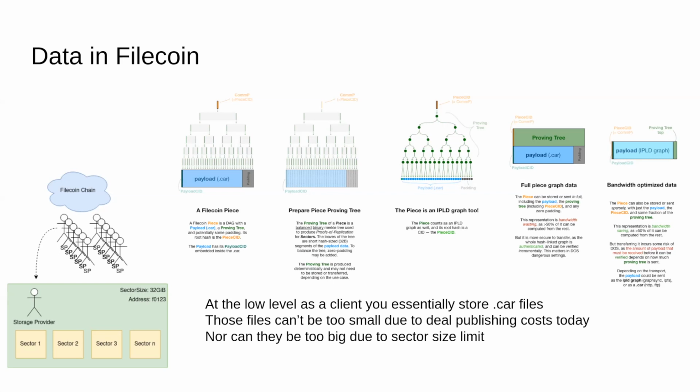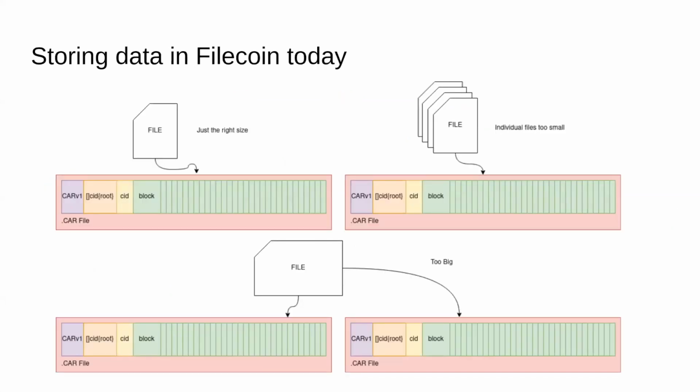So you probably have to make your deals at least 4 gigabytes in size for them to make economic sense. And they cannot be too big because we cannot really split deals across sectors yet. So you need to worry about this size. That is really annoying.